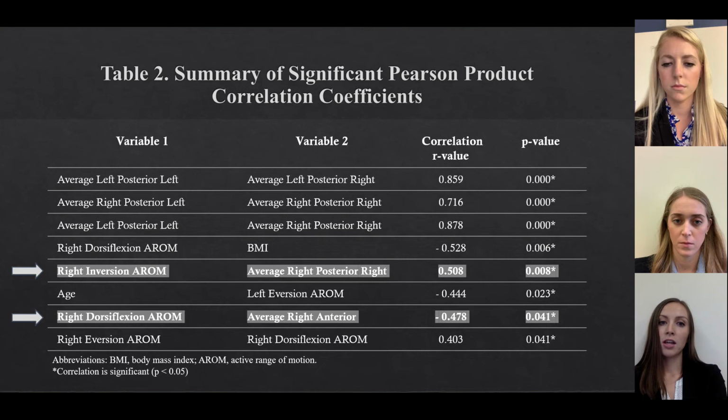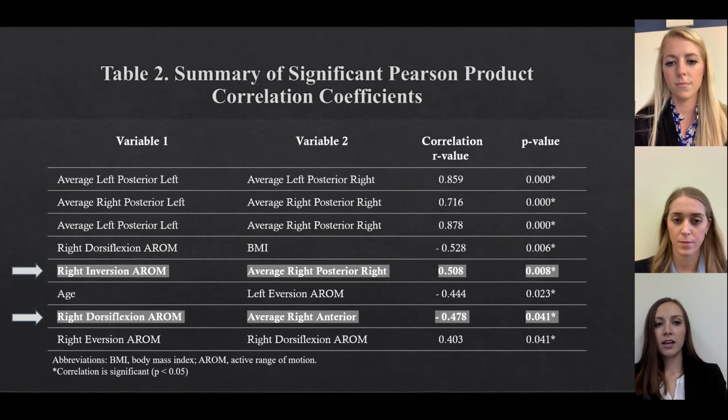So right inversion had a positive correlation with the distance in the right posterior right reach distance with a p-value of 0.008. Next, we see that age and left eversion had a negative correlation with a p-value of 0.023, demonstrating that individuals who were older in our study generally had less available eversion active range of motion.